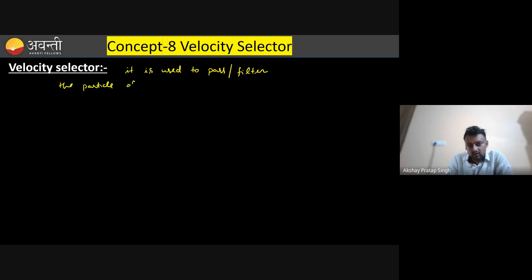So it is a device which is used to pass the particles of the selected velocity and to filter out the particles of velocity other than the selected velocity.